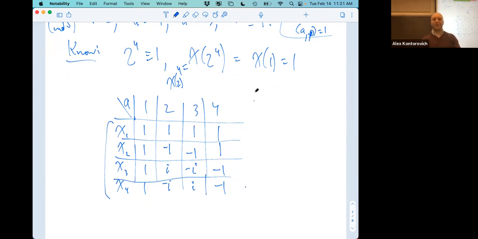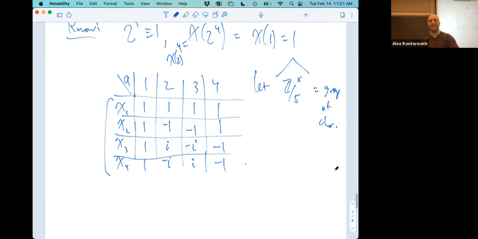Let the hat of the multiplicative group Z mod 5 be the group of multiplicative characters. We found that there are 4, chi1 through chi4. What's the group structure of that? You can multiply characters and get another character, so we get a group law.